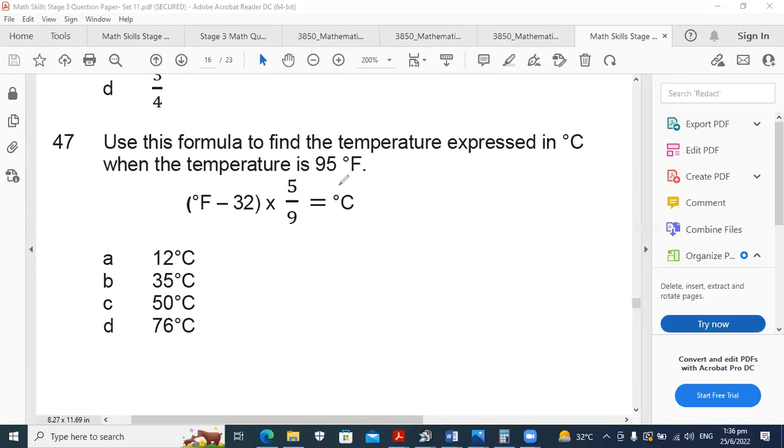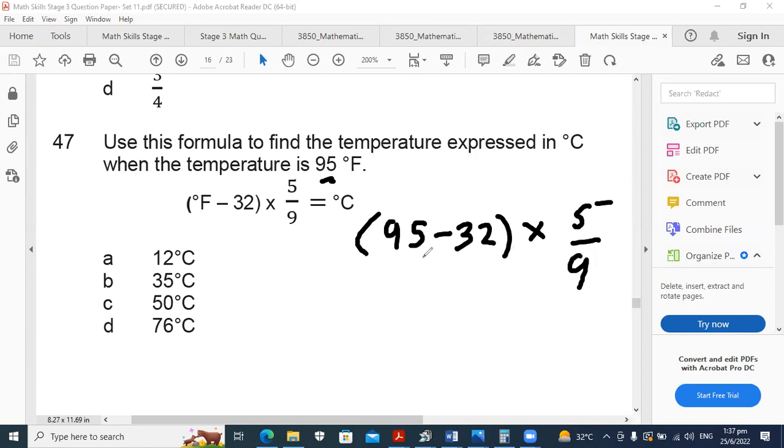Replace f with what? 95. So you have 95 subtract 32, times 5 over 9. What's 32 from 95? 63. 63? Yes.